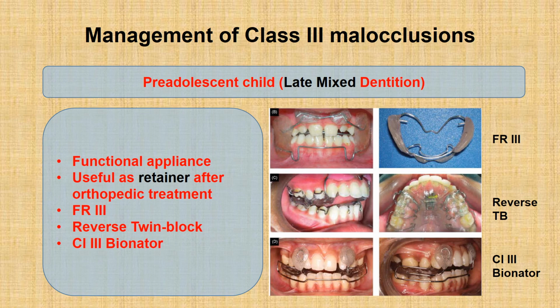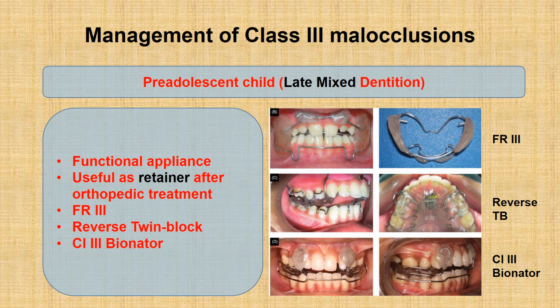Now, in the late mixed dentition, a functional appliance can be used to correct the class 3 skeletal relationship, and these functional appliances can also be used as a retainer after the orthopedic treatment, since the retention has to be carried out until growth has ceased.